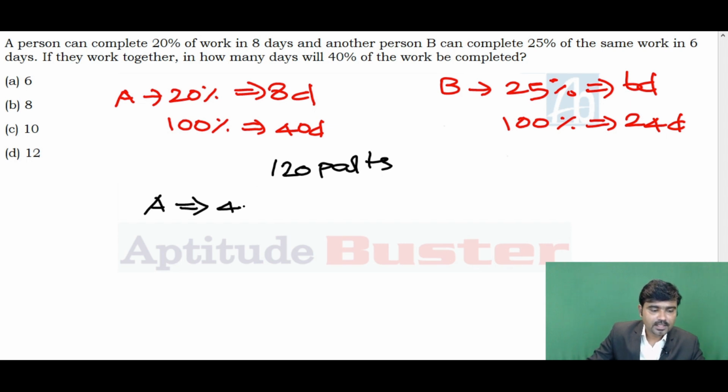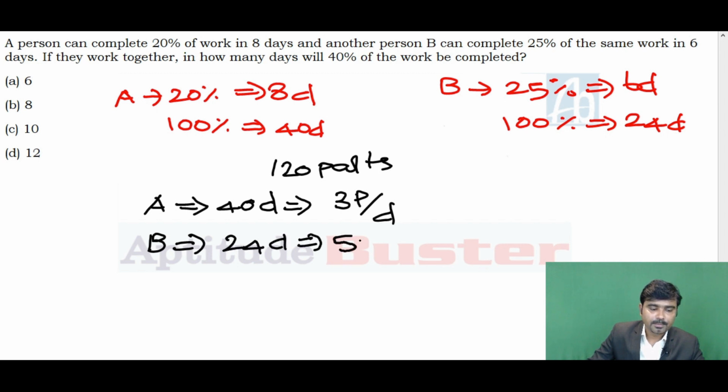In 40 days, A can complete 120 parts, means A can complete 3 parts per day. B can complete 120 parts in 24 days, means B can complete 5 parts per day. A and B together means they can complete 8 parts per day.